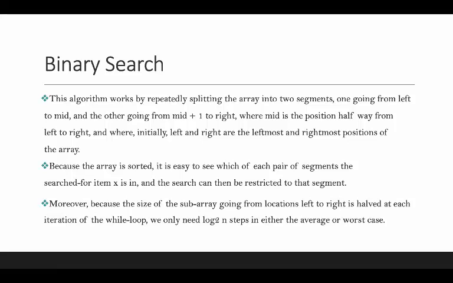Moreover, because the size of the subarray going from locations left to right is halved at each iteration of the while loop, we only need log n steps in either the average or worst case.